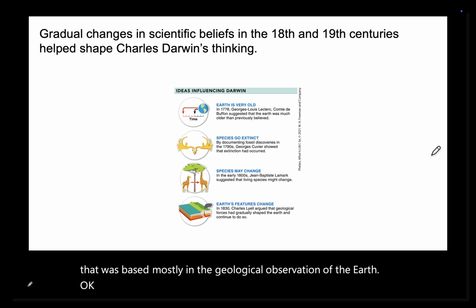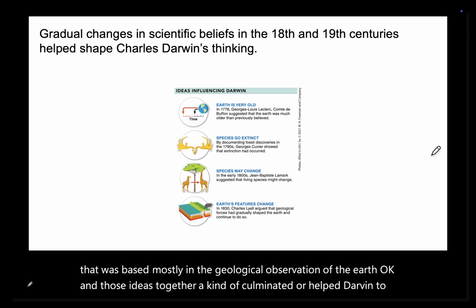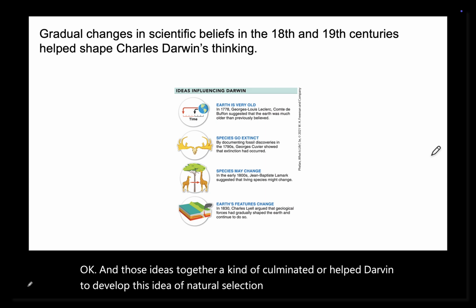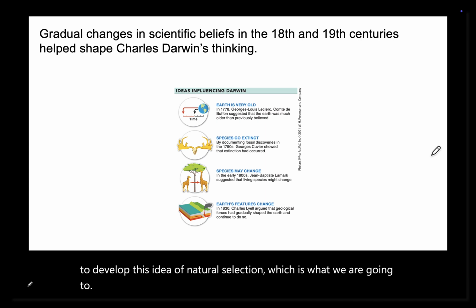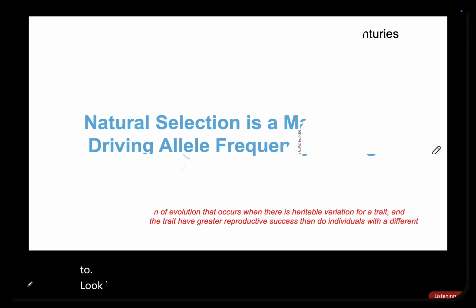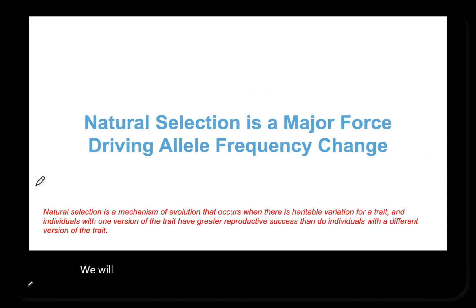And those ideas together kind of culminated or helped Darwin to develop this idea of natural selection, which is what we are going to look at in the next slide. We will now start studying natural selection.